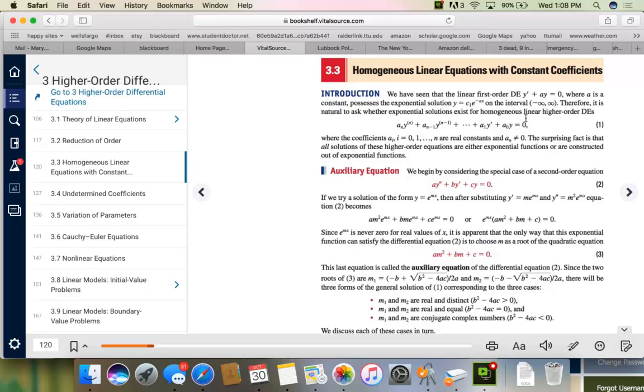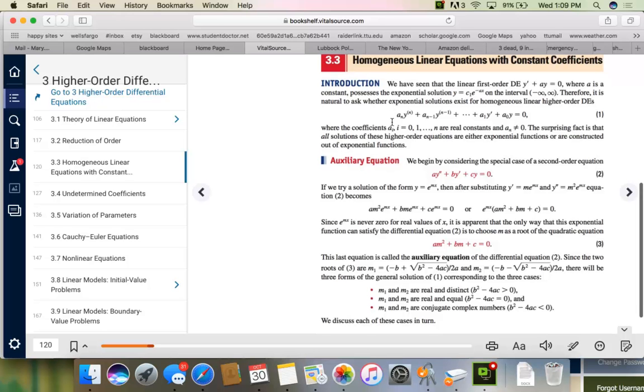Then we just have derivatives of y in decreasing order, and that's equal to 0. The 0 on the right-hand side says that this is a homogeneous differential equation. The way it's constructed from y and its derivatives says that it's a linear equation because the coefficients are constant. So this is a linear homogeneous differential equation.